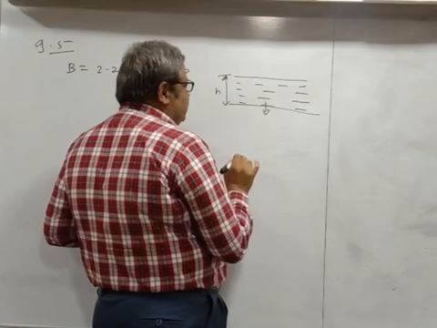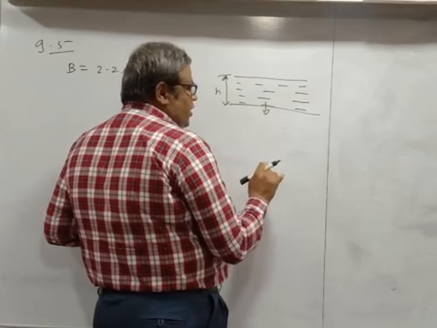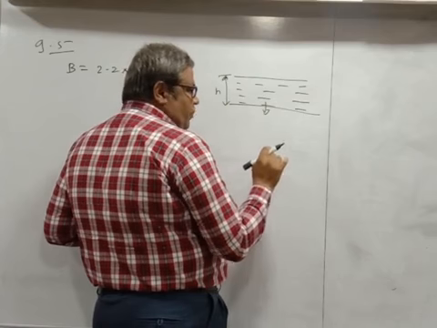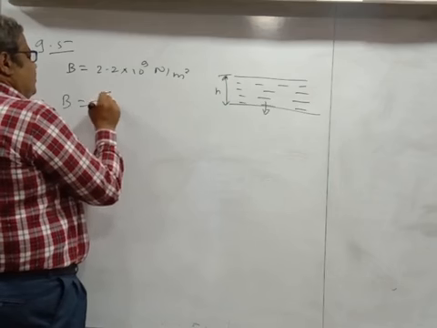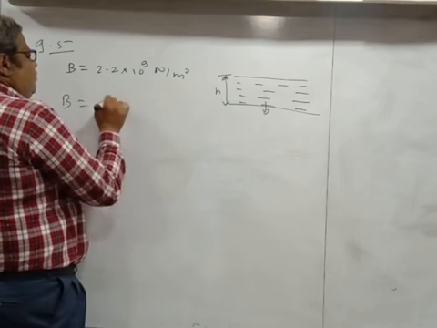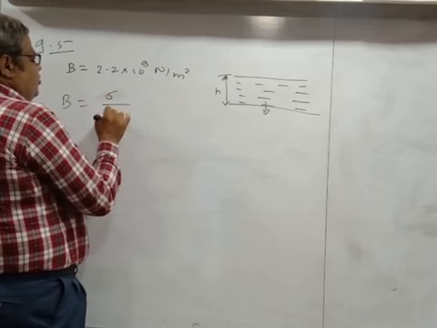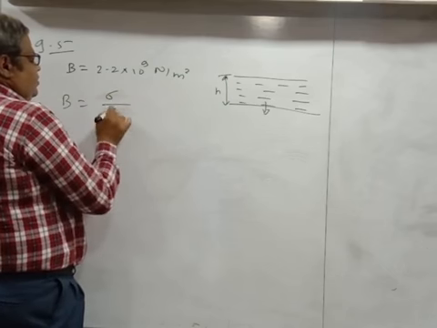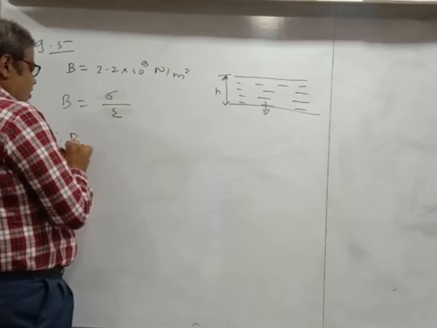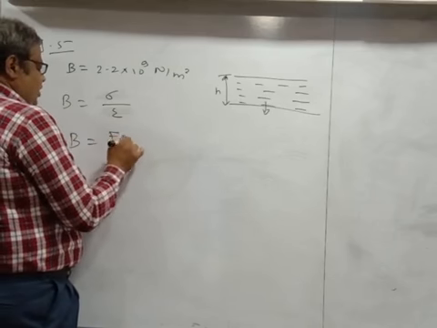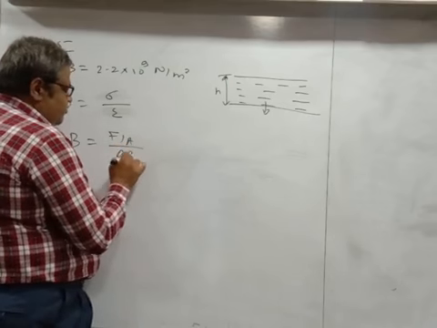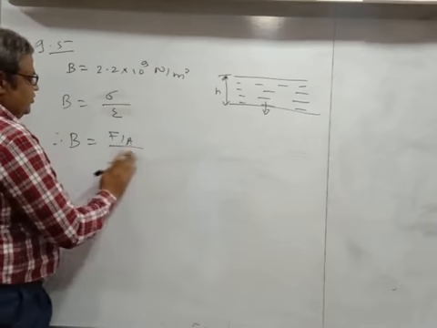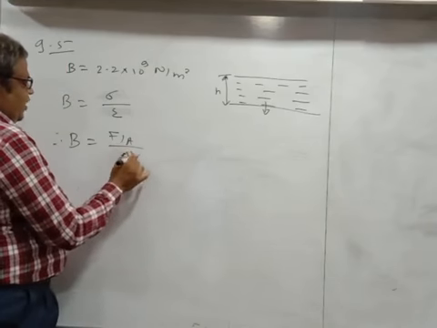Bulk modulus is F by A upon delta V by V. So bulk modulus is actually volume stress divided by volume strain. So bulk modulus is equal to F by A divided by delta P by P, which is delta V by V.